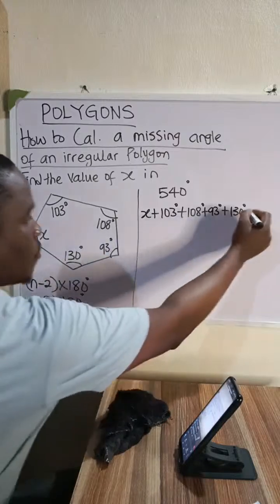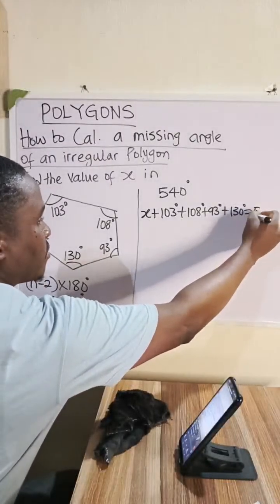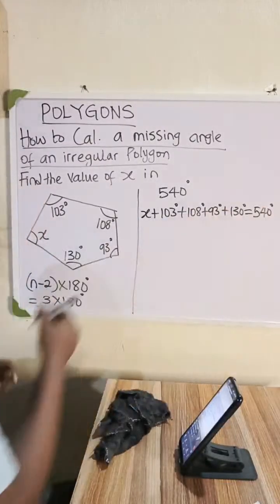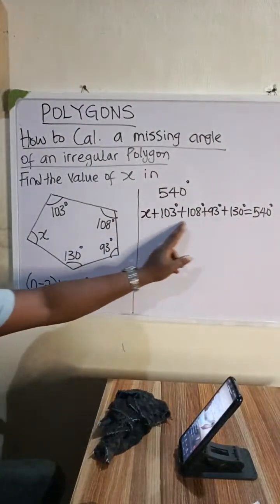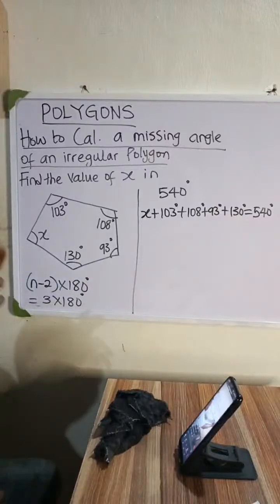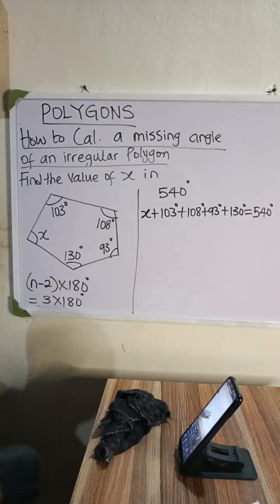Okay, equal to 540 degrees. So when you add all these values, what will you get? 103 plus 105 plus 93 plus 130, 434. Can someone else confirm it? 434.